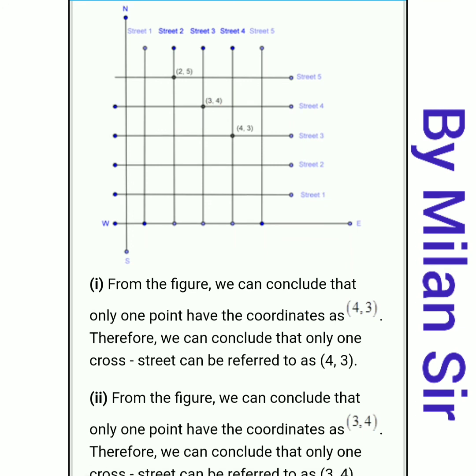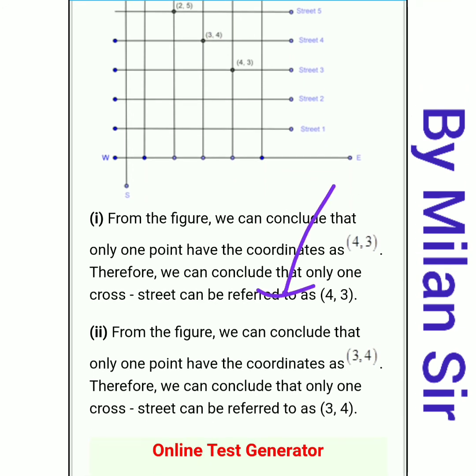So we write: from the figure we can conclude that only 1 point has the coordinates (3, 4). Therefore only one cross street can be referred to as (3, 4). So this is our answer.